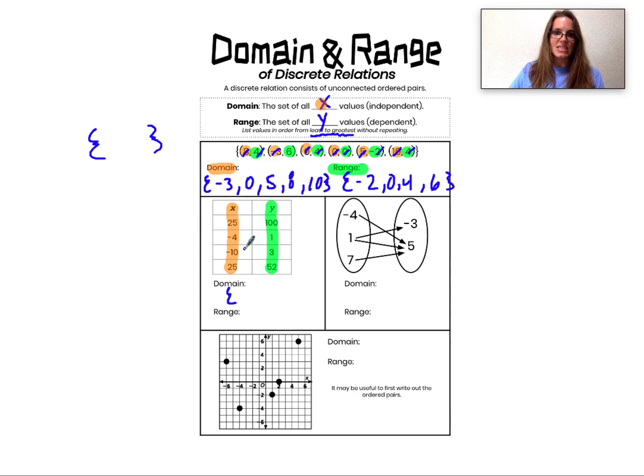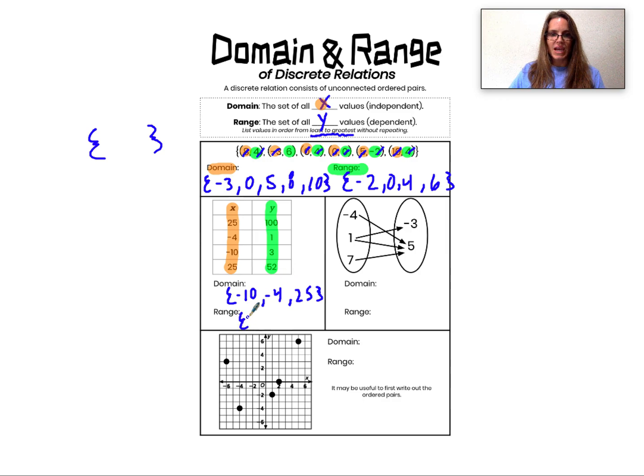The domain is the set of all possible x values written from least to greatest, without repeating. So least is -10. Next least is -4. And then our last possible x value is 25. Curly bracket to indicate my set. The fact that there are 2 ordered pairs with an x value of 25 doesn't matter, I just write it once.